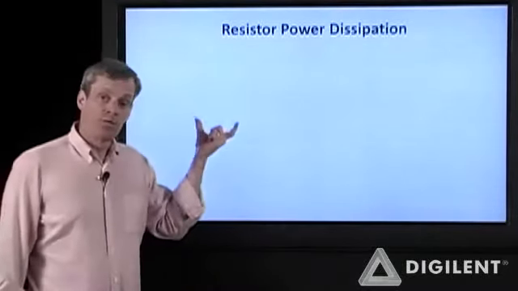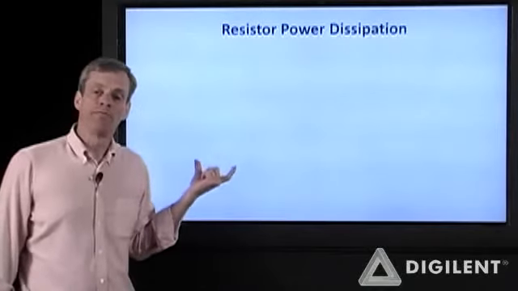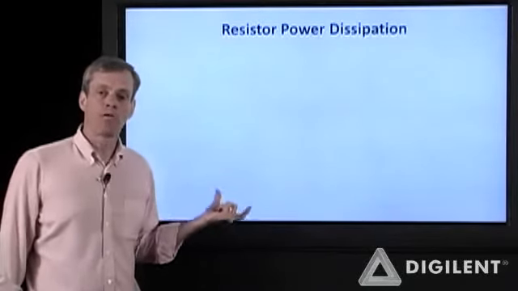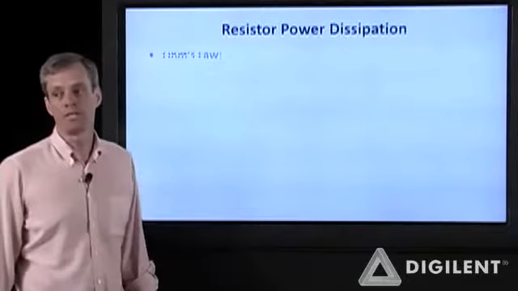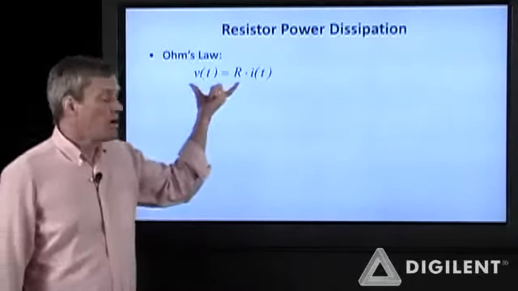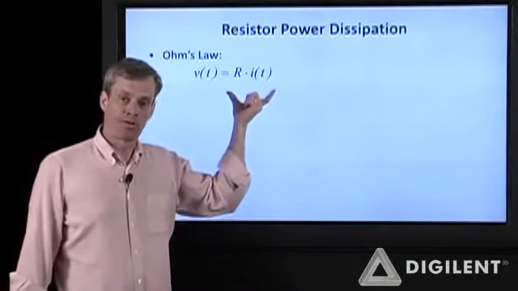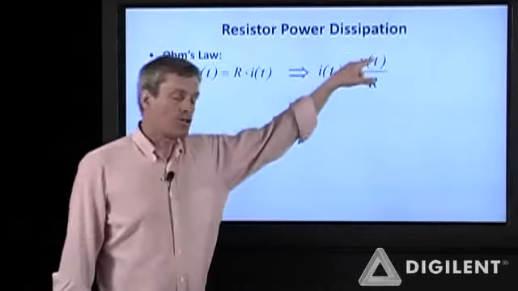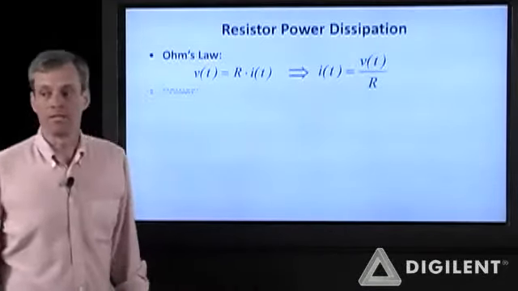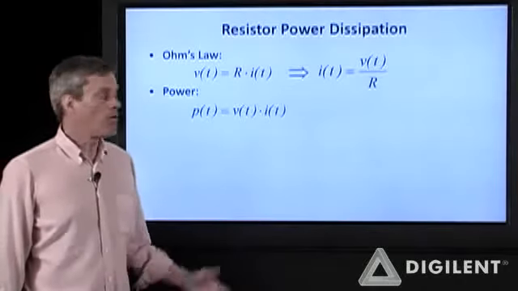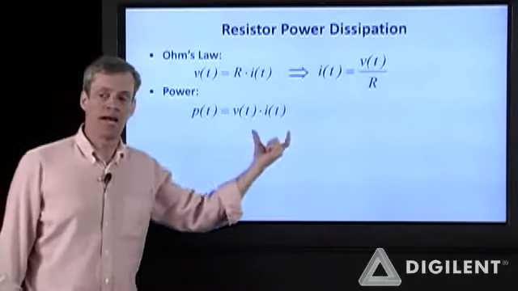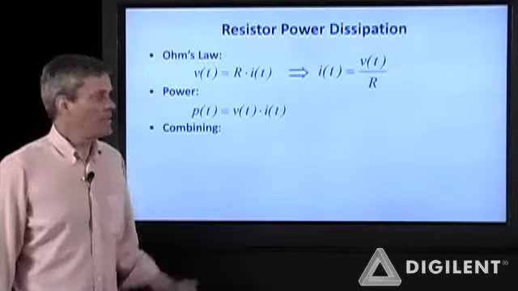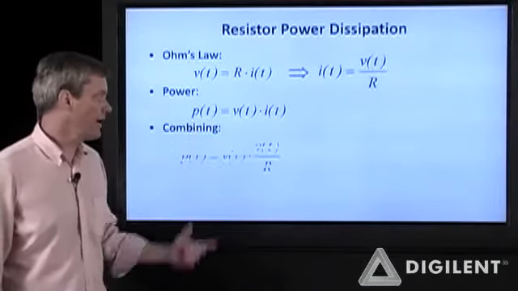Okay, since resistors only dissipate power, we can develop some special purpose power dissipation rules for resistors. Quick review, Ohm's law says voltage is current times resistance. I can rewrite that as current is voltage over resistance. Our definition of power was P is V times I. We can combine these two things.